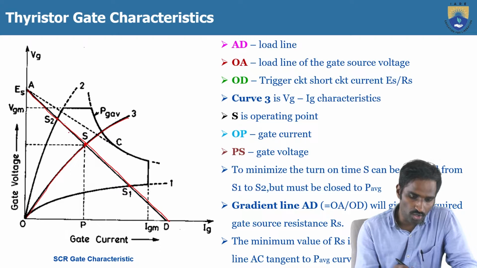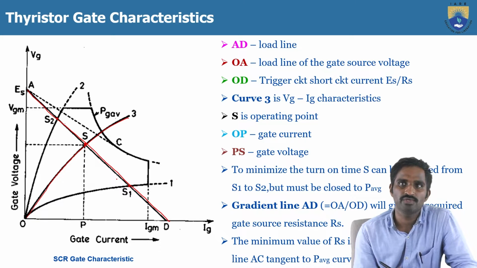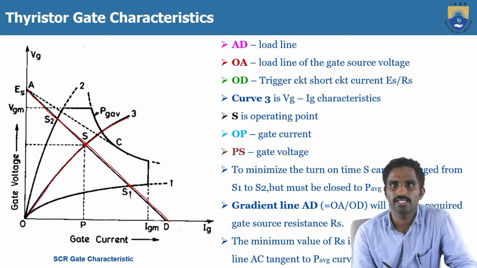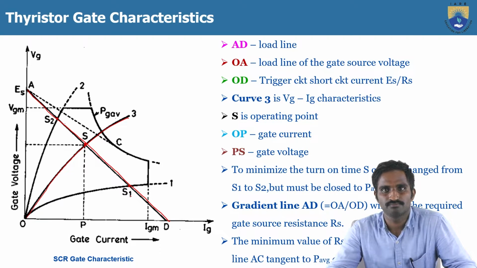How can you change the value from S1 to S2 to minimize the turn on time? As we know, by increasing the gate current and gate voltage, we can change the turn on time.